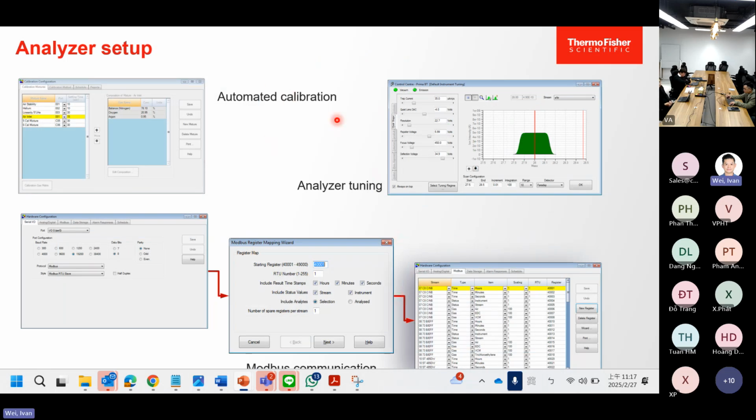We can do auto calibrations, which means we introduce standards into our systems to let them know the fragments and the ratio of the fragments, so they can do quick conversions from signals to concentrations. Everything can be exported through Modbus communications, so all of this can be uploaded to customer sites.